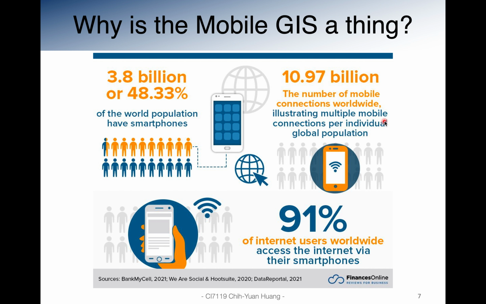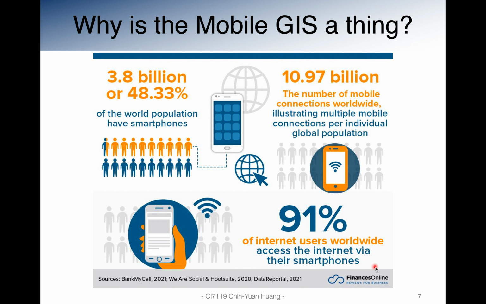And the other very strong indicator is that 91% of the internet users worldwide access the internet via their smartphones. So as you can see, that is a very popular trend of using smartphones in the modern age.